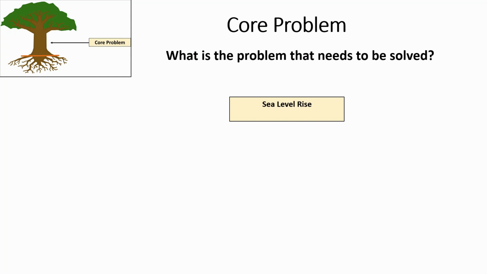However, this is not a good selection for a core problem because it's not a problem that we can solve. So regardless of how much money you have or how good engineering skills you have, no matter how good your capacity is and how many resources you have available to you, you are not going to be able to solve the problem of sea level rise.